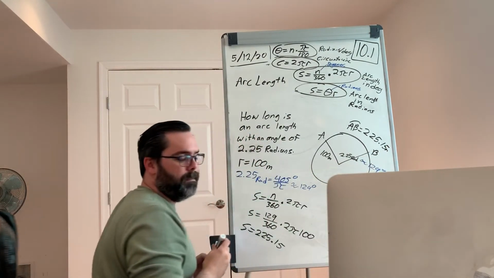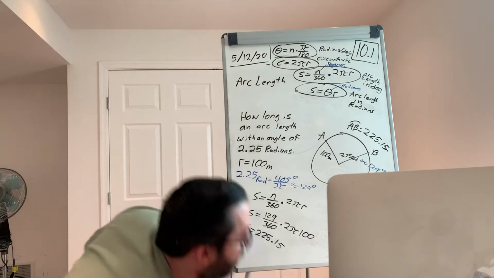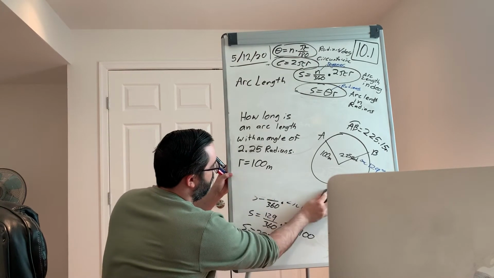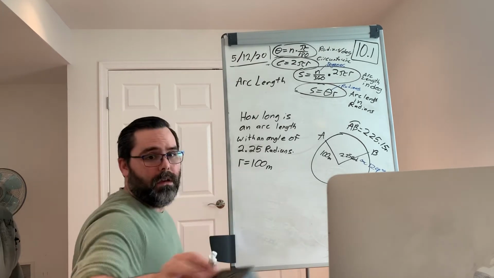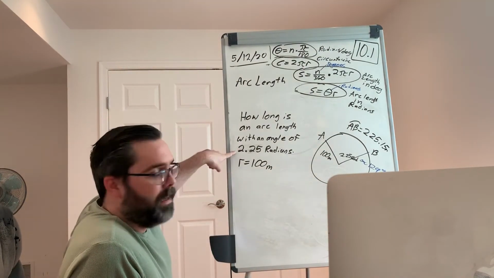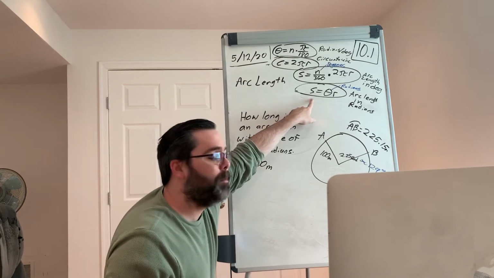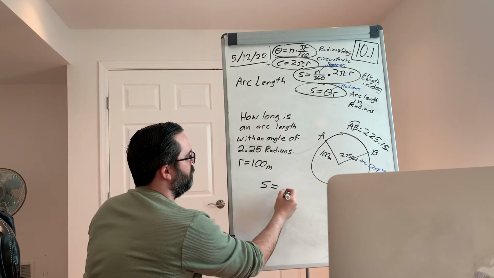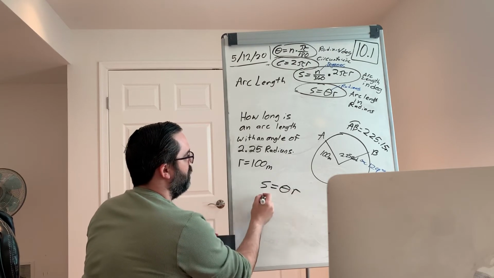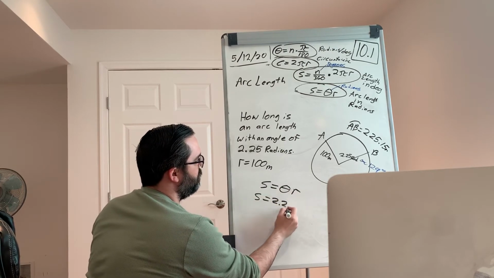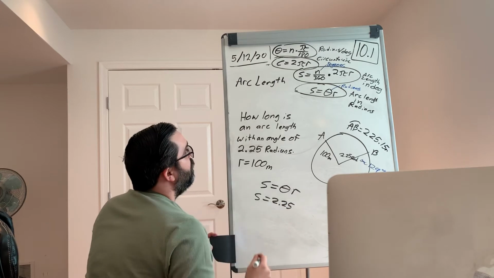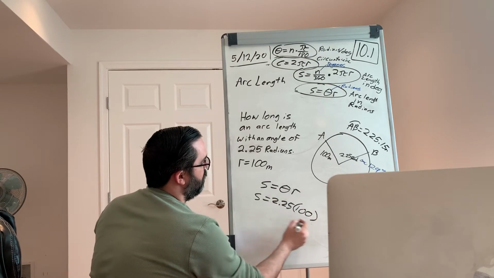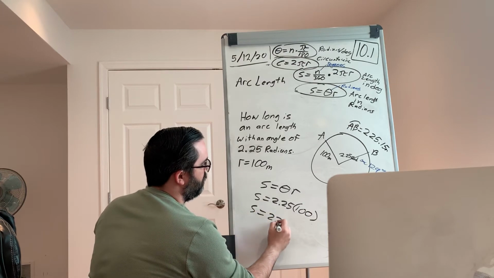All right. Now, that was the long way. Here's the short way. The short way is we have radians, 2.25, and I have the formula that uses radians, so I'm going to use that. S equals theta times R. S equals 2.25 times 100. S equals 225.